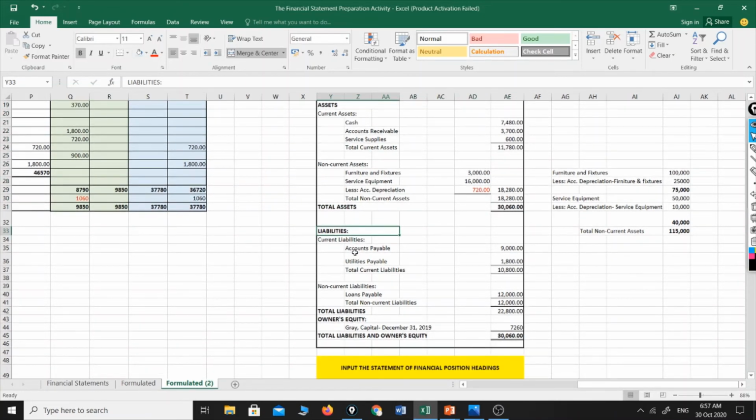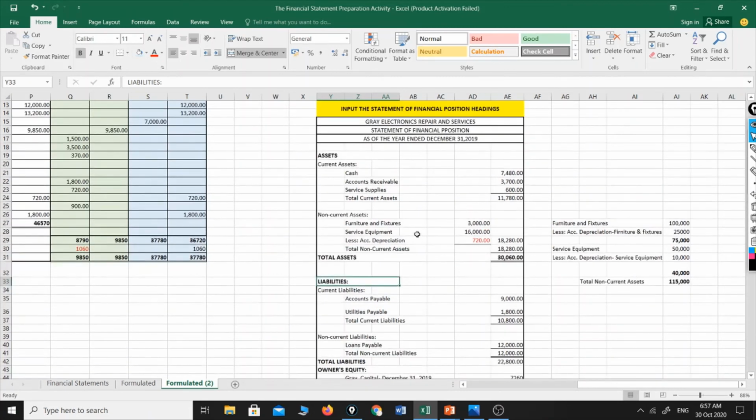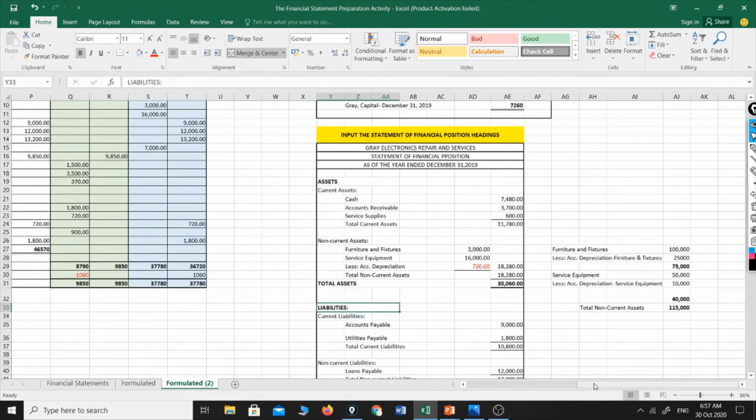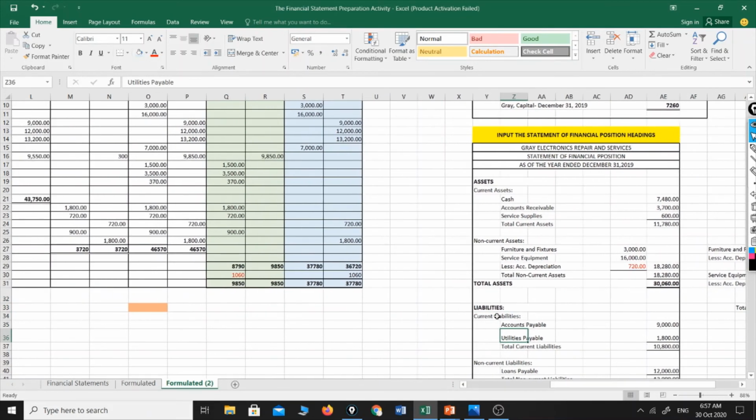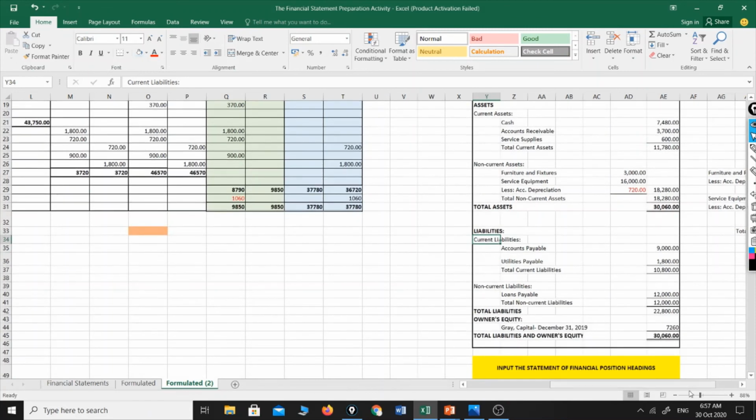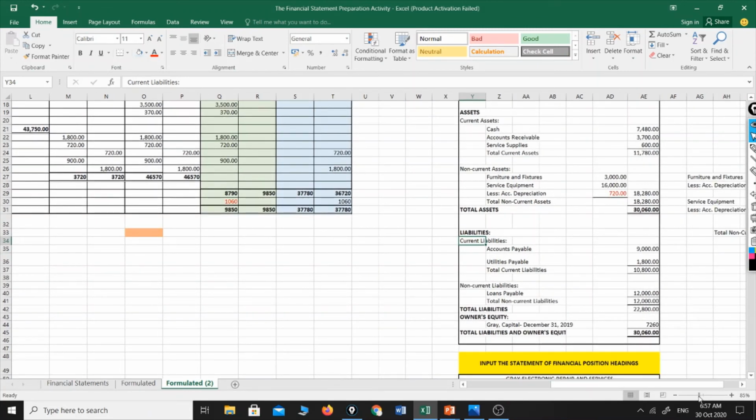After having the asset section, or reporting all the company's assets, we will now report the liabilities, or how much the company owes. Next, we will report the liabilities or the obligations of the company. We will still classify the current liability as well as the non-current liability.